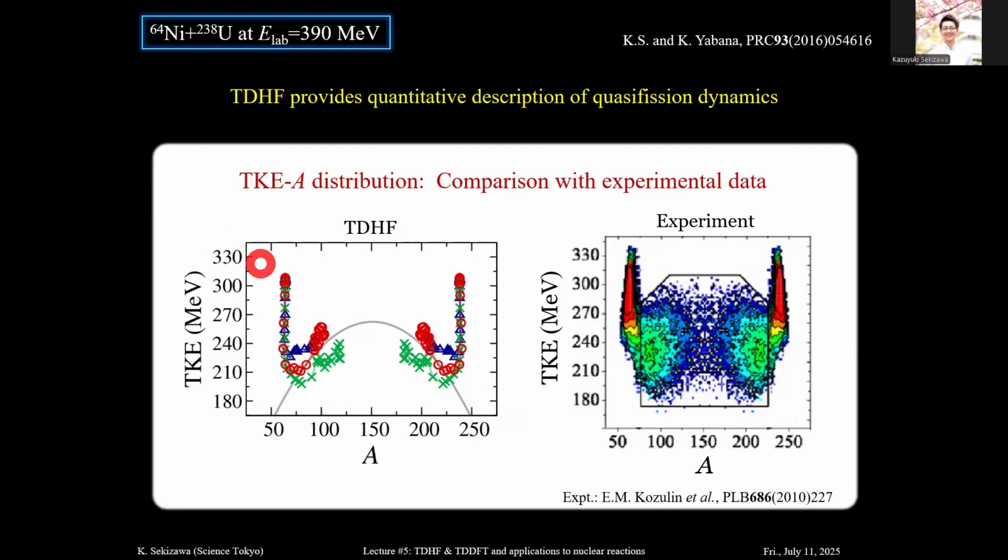And the amount of energy dissipation and the amount of nucleon transfer on average nicely agree with experimental data. So again, without any adjustable parameter, based on a microscopic approach, TDHF can describe the quasifission dynamics quantitatively at this quality.